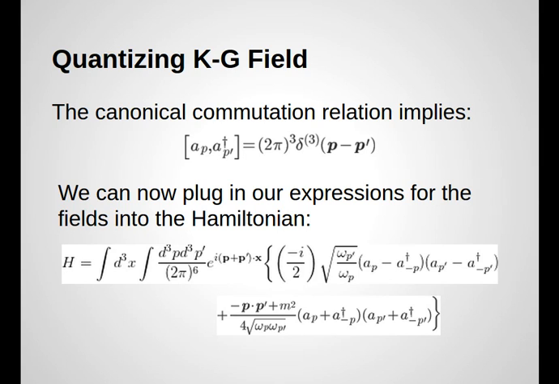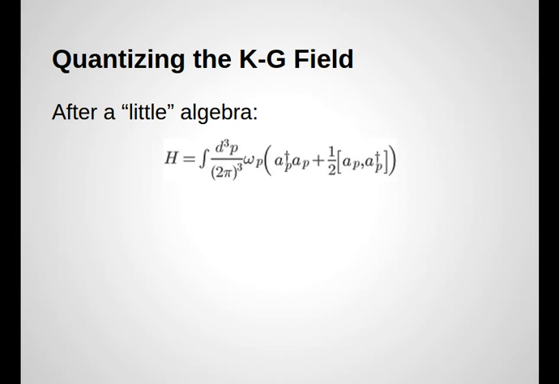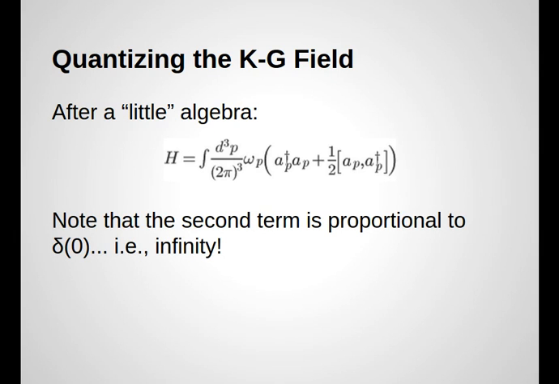Well, if they both have the same subscript, that's going to be a delta function of 0, otherwise known as infinity. So the second term gives you a delta 0 and subsequently will give you infinity. So the second term is giving you an infinite energy term.